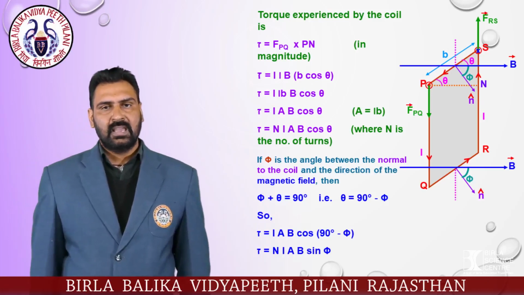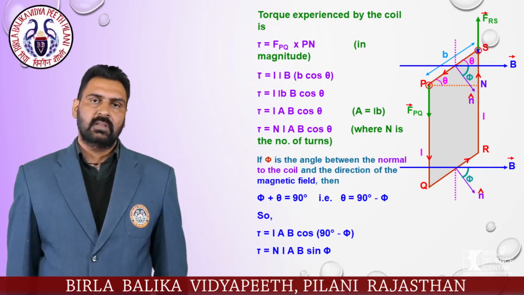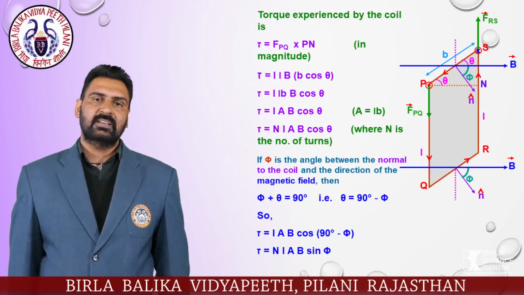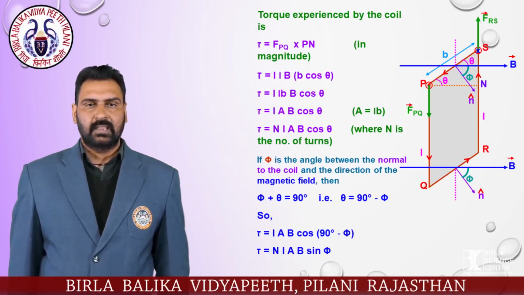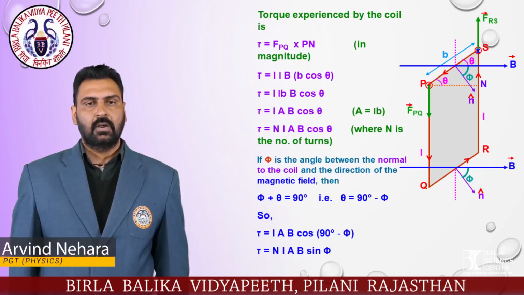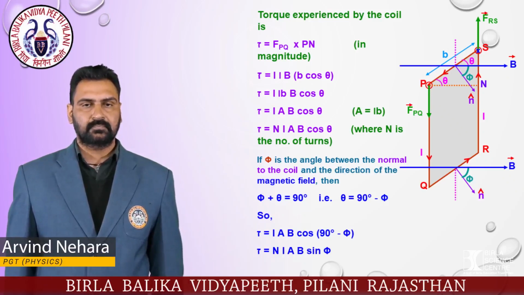If we have n number of turns, then torque is equal to BINA cos theta. And if phi is the angle between the normal to the coil and the direction of magnetic field, then phi plus theta is 90 degree, so theta is 90 minus phi. So torque can be written as IAB cos(90 minus phi), or torque is equal to BINA sine phi.